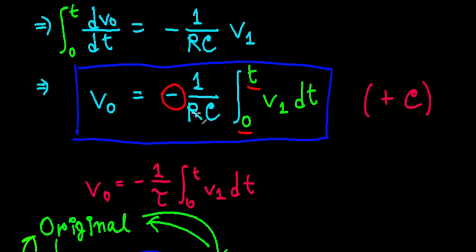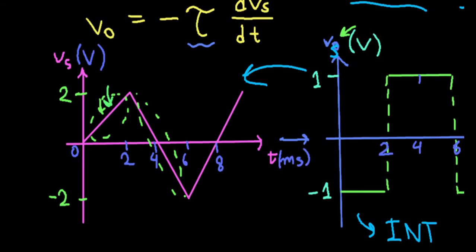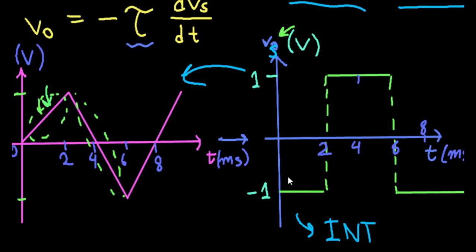You're dividing that by some constant, and you're making it negative. You're reversing the polarity.